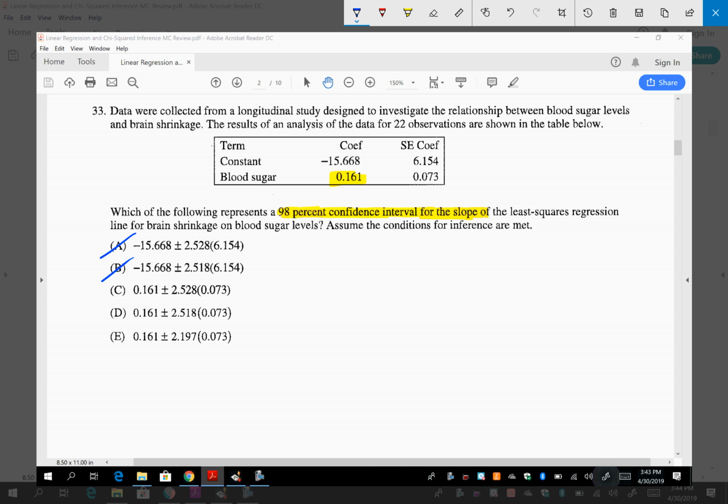Maybe this will help. The formula I would write is, let's see, what is it? Brain shrinkage? What do you think the other variable is called? Yes, shrinkage equals negative 15.668 plus 0.161 times sugar.